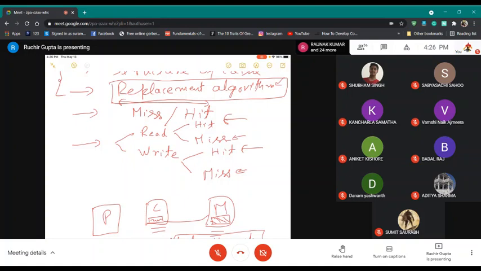So a block of words, as we have already said, will be brought from the main memory to cache memory, and that will be used.